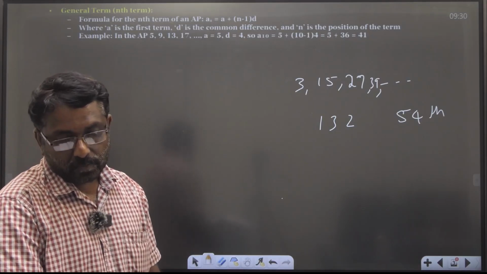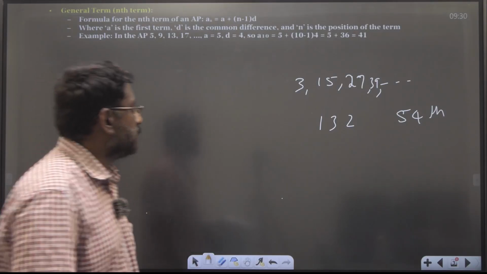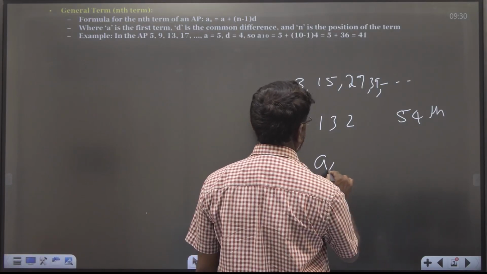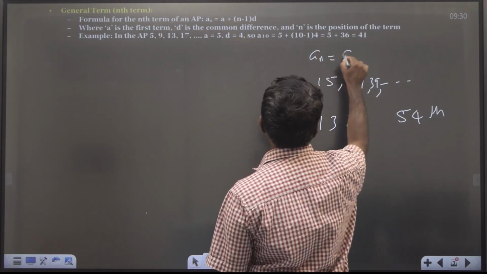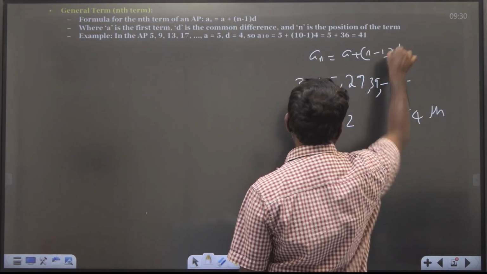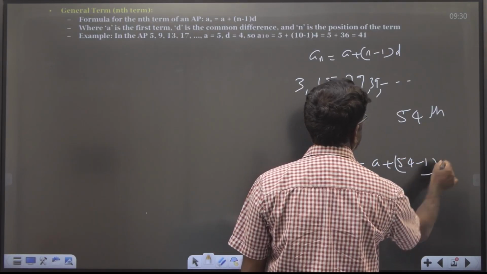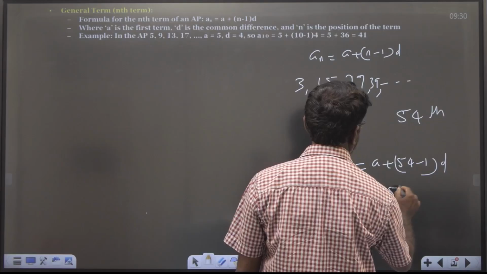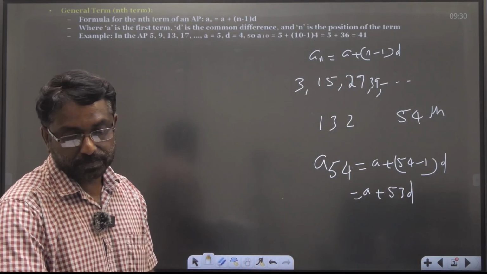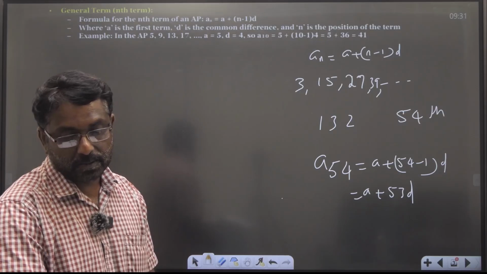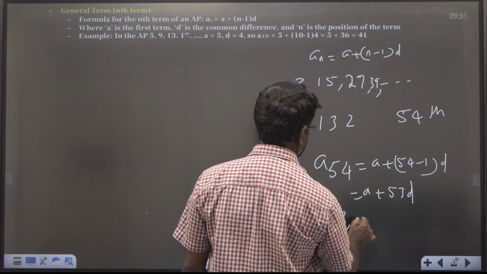So, how can we do this question? Here, the 54th term is A54. What is An? An is equal to a plus n minus 1 into d. A54 means a plus 54 minus 1 into d, that is a plus 53d. What is a? From this question, a is equal to 3. What is d?